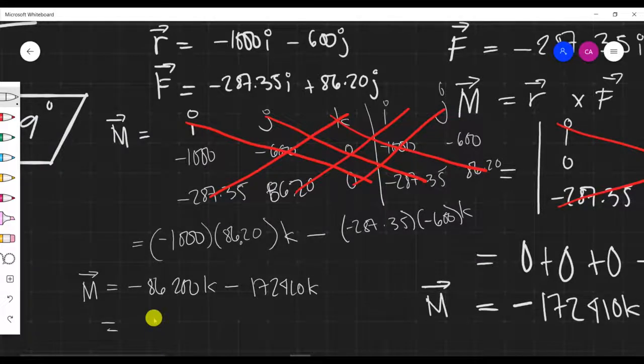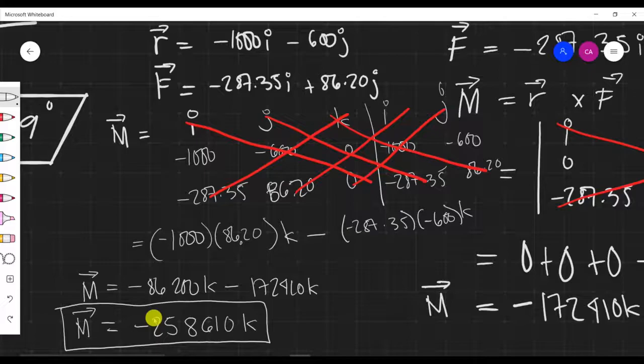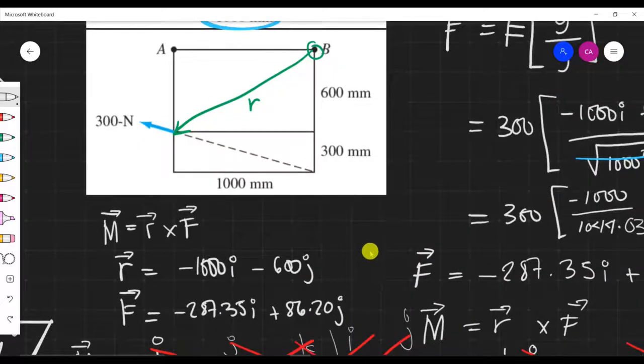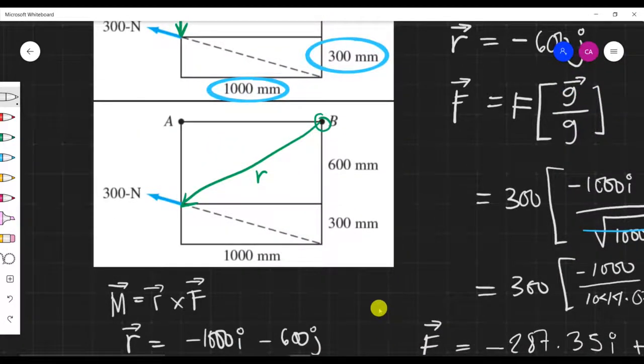Negative 258,610. Agree ba tayong lahat doon? So, negative, na may unit na Newton millimeter. Malaki kasi talaga kasi millimeter ginamit natin. So, yung sagot natin dito sa pangalawang tanong is 258,610.